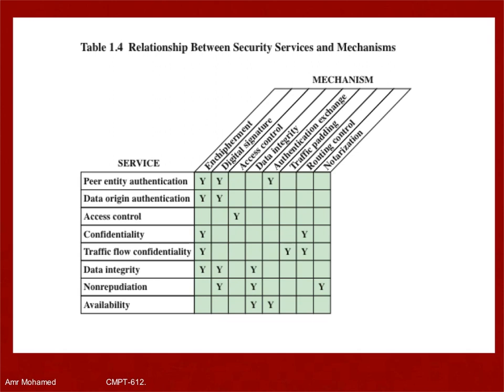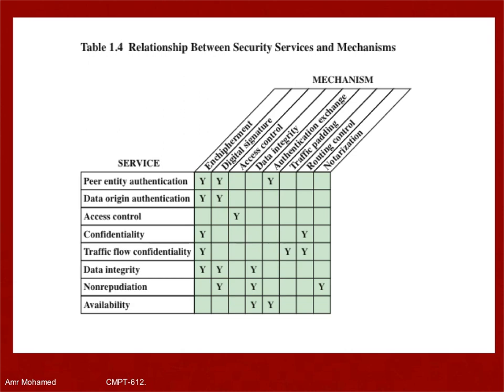So this matrix is very important because it shows the relationship between the services and the mechanisms. As we said, usually to provide a particular security service, whether at a certain layer or layer agnostic, we have to group one or more of these mechanisms.